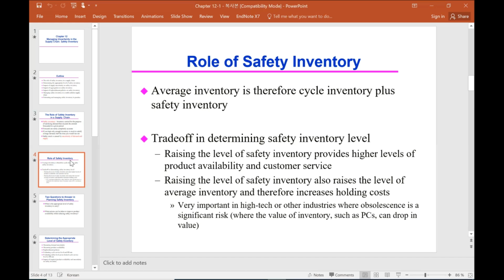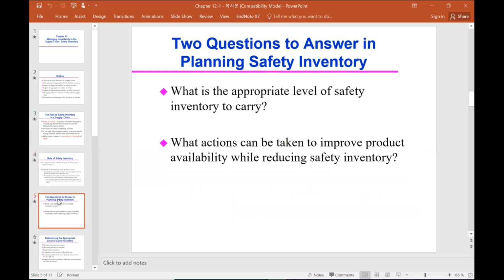So that's why it is difficult to determine the proper amount of safety stock. You have to consider two things at the same time: the product availability and the inventory holding cost. Here are two important questions regarding how to manage the safety stock. The first is, what's the proper amount of safety stock you have to hold in your warehouse?